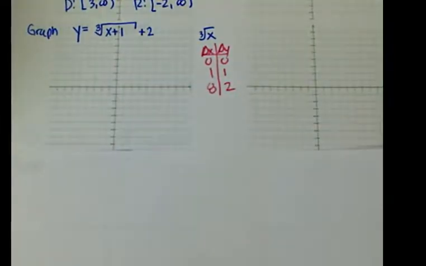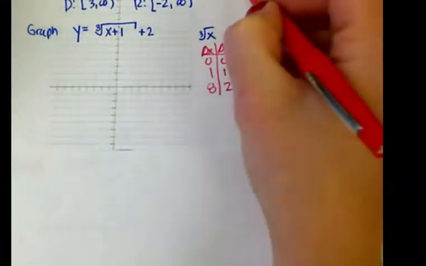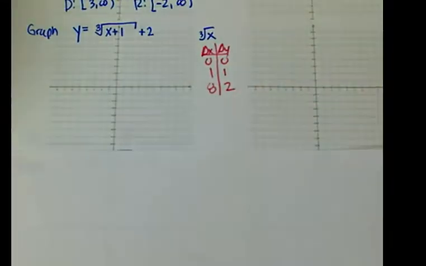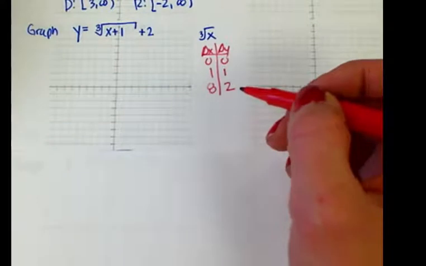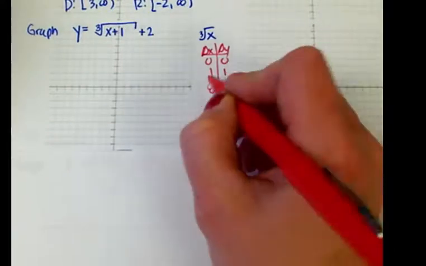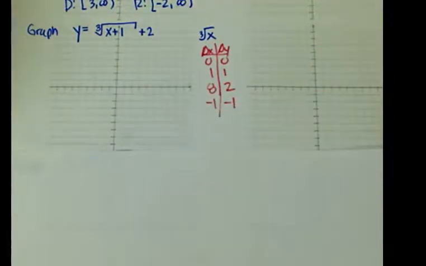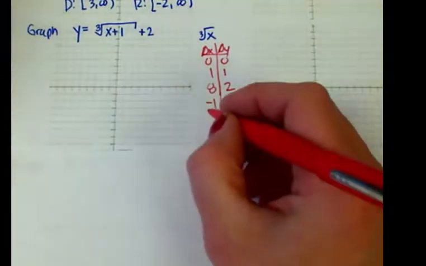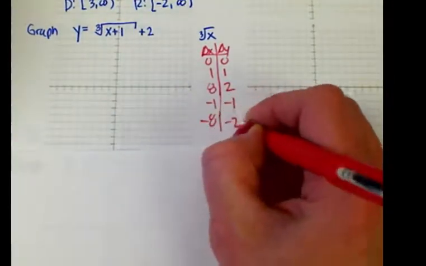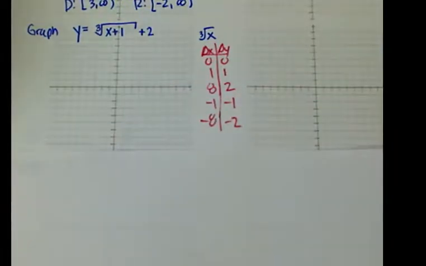It's important that you plot at least 3 points because the only difference is in the third point. If you don't give me 3 points, I can't tell what graph you're graphing. Now, keep in mind, do you have problems with negatives on cubes? Yeah. The cube root of -1 is -1. The cube root of -8 is -2.